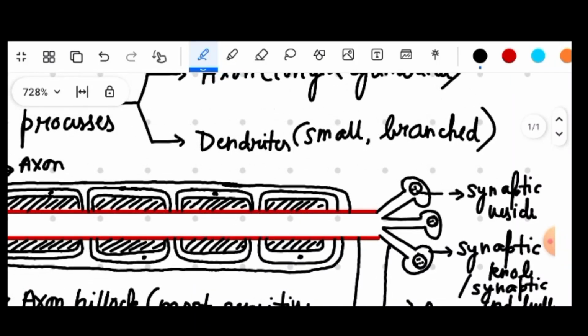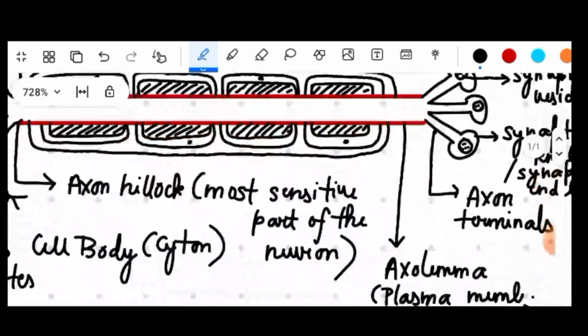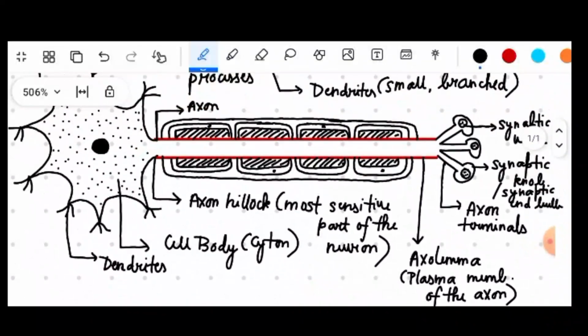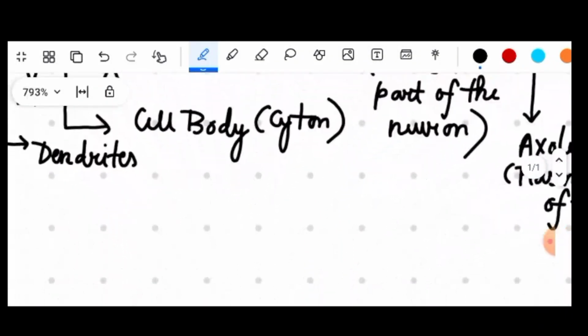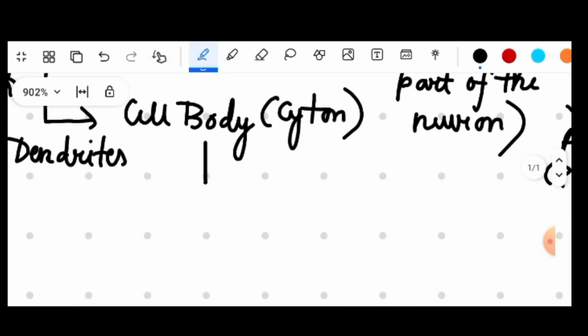So these are the synaptic vesicles. Now, the axon hillock is the most sensitive part of the neuron, and inside the cell body there are the Nissl granules.